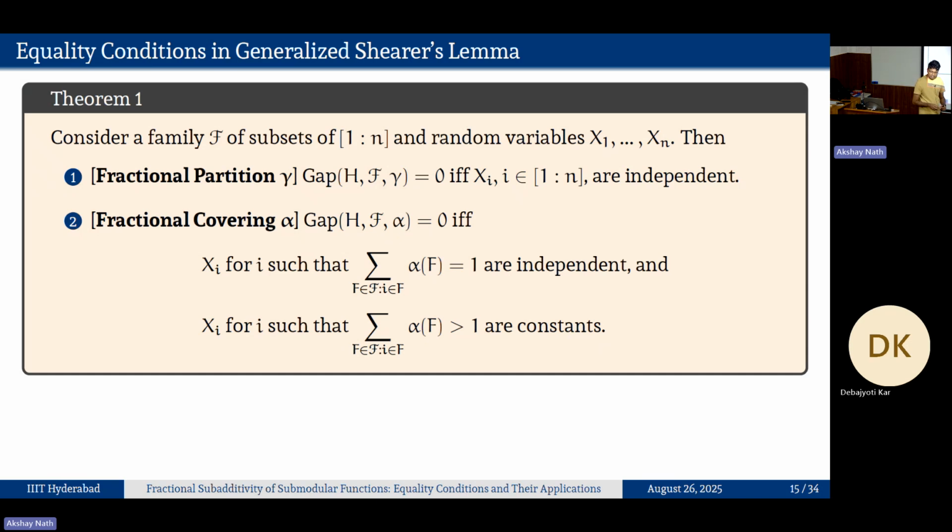To give you context, if I look at it as a hypergraph structure, all those elements which appear exactly k times are independent, and those that appear strictly greater than k times are all constants. This is a very interesting thing that we found.